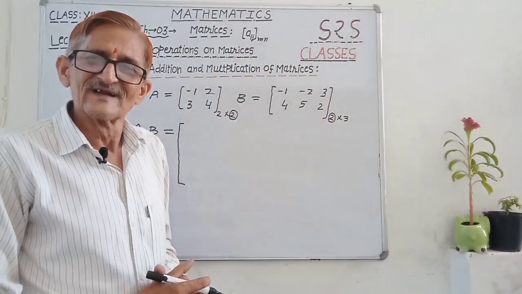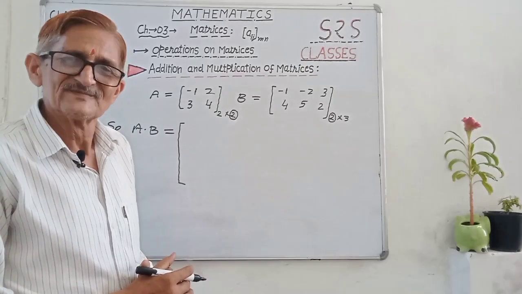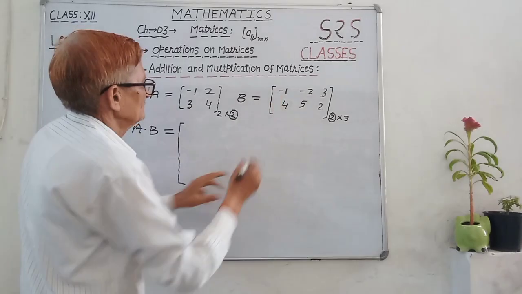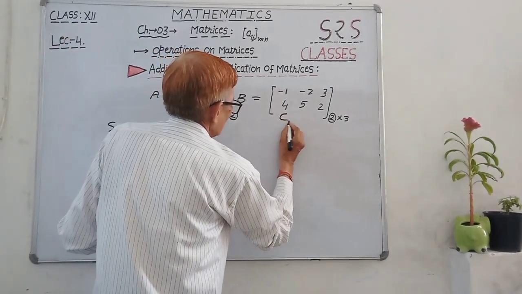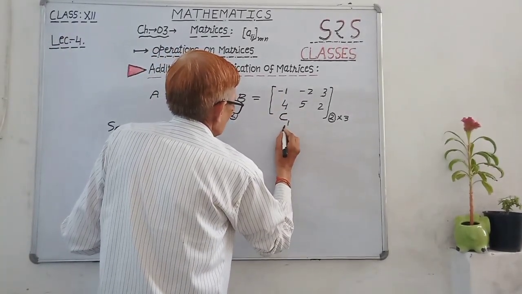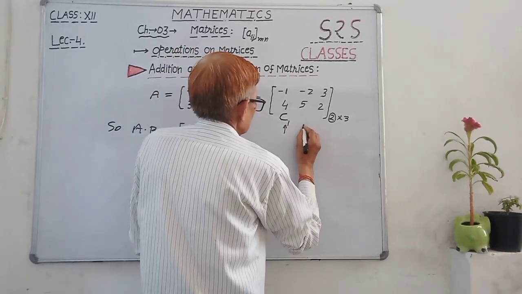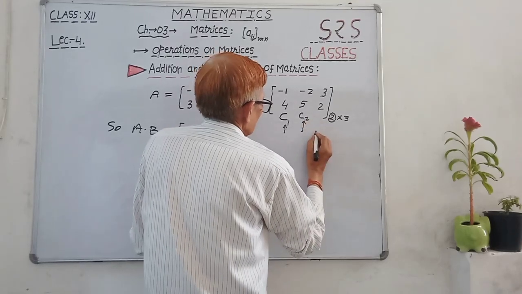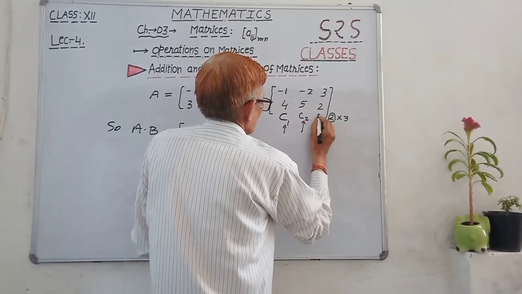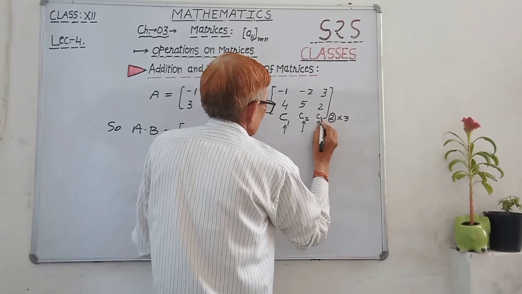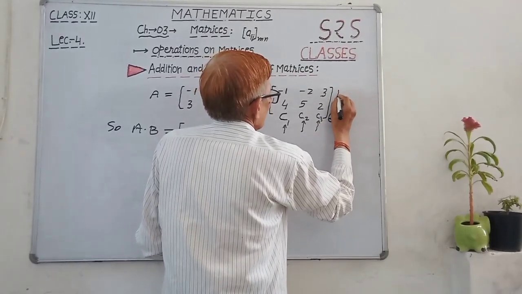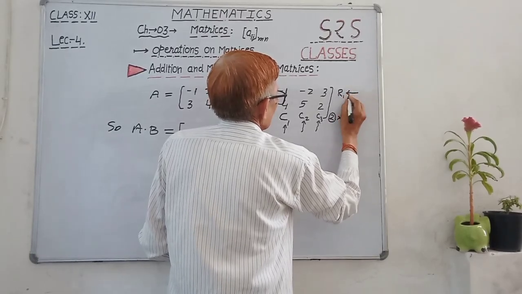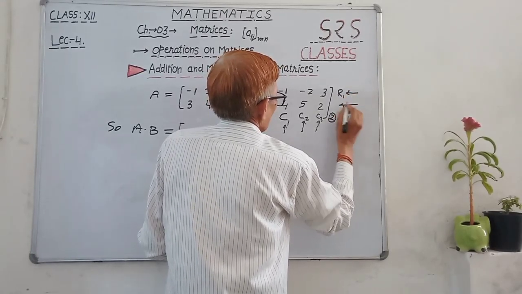Okay, so multiply first row with first column. This is column first, this is column second, this is column third. We know this is R1, row 1. This is R2.